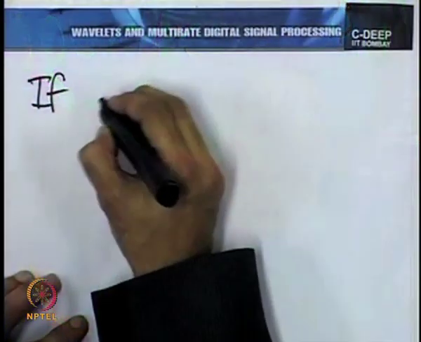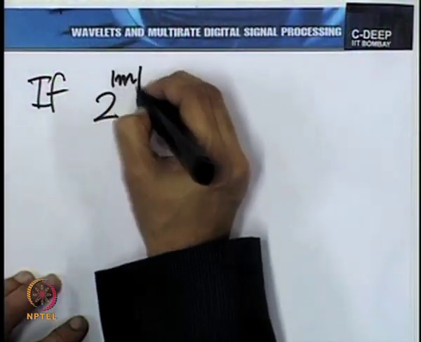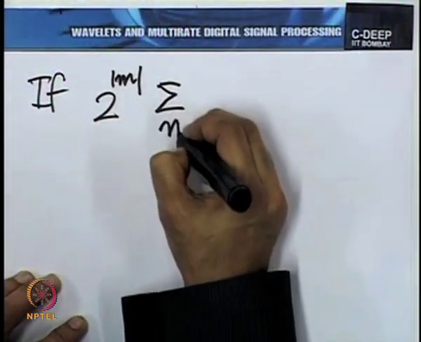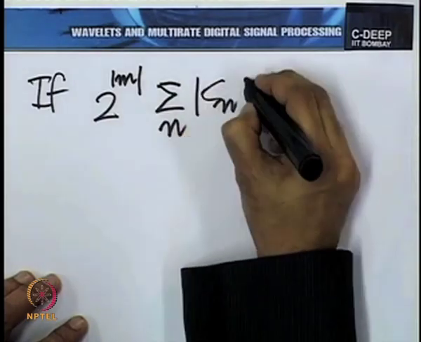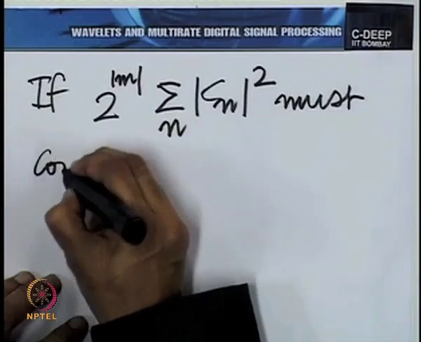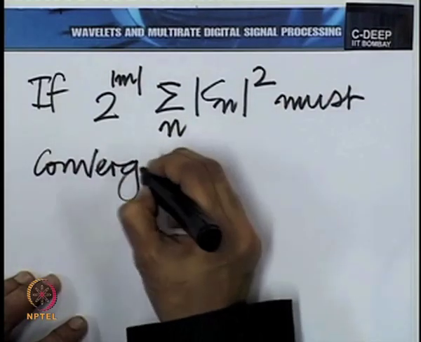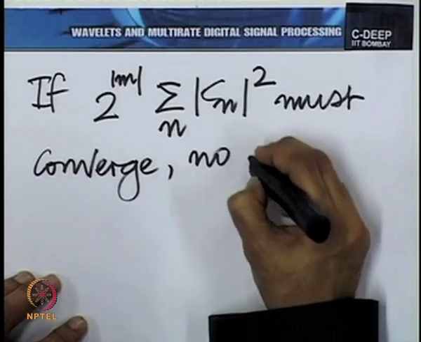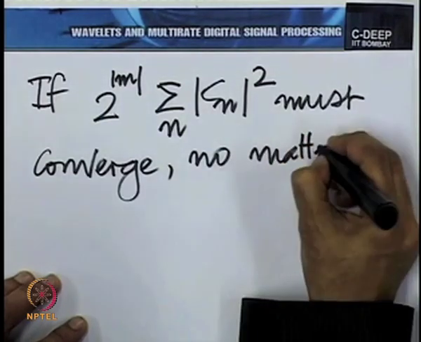So, we are saying that 2 raised to the power mod m summation n mod C n squared must converge, no matter how large or how negative m is.